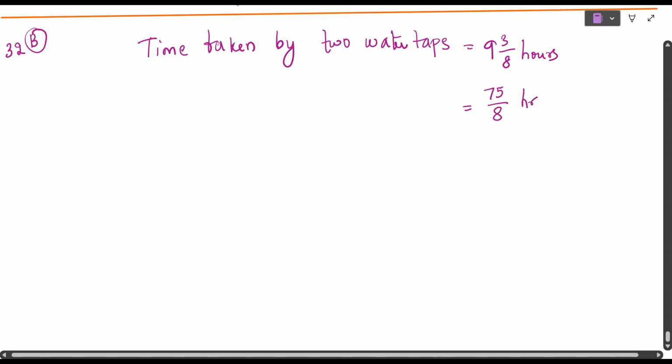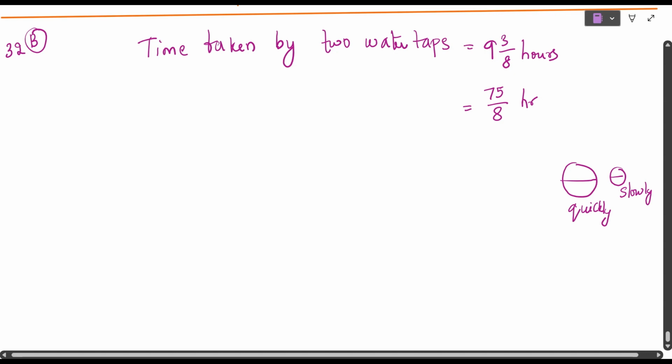Okay. Now the tap of larger diameter takes 10 hours less than the smaller one to fill the tank separately. So what is the meaning of this, students? Definitely the tap of larger diameter will fill the tank quickly and the tap of smaller diameter fills the tank slowly.